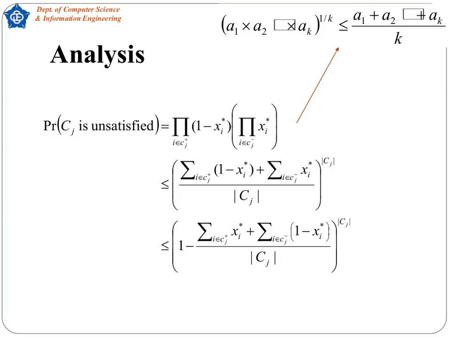This form makes it crystal clear that, once we account for the average satisfaction weight of the literals, the failure probability decays exponentially in the clause size. With this bound in hand, our next step is to plug in the LP constraint and flip the bound to obtain the familiar exponential lower bound on the clause satisfaction probability.